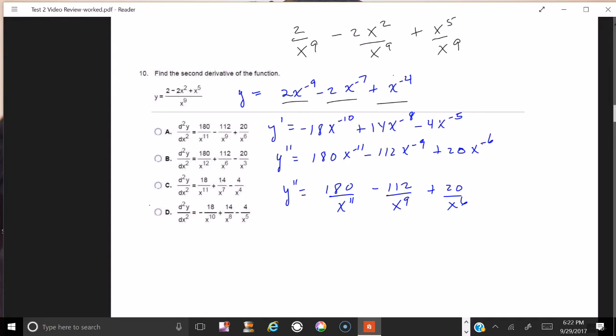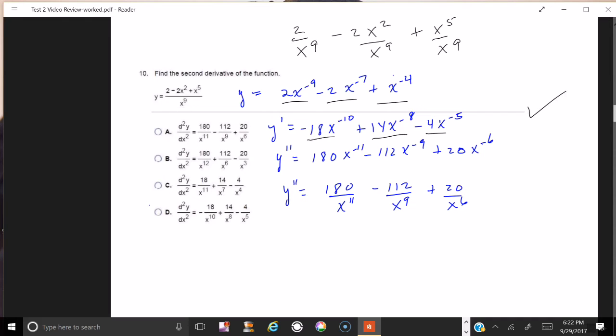Now take the first derivative. We're going to get minus 18x to the minus 10 plus 14x to the minus 8 minus 4x to the minus 5.